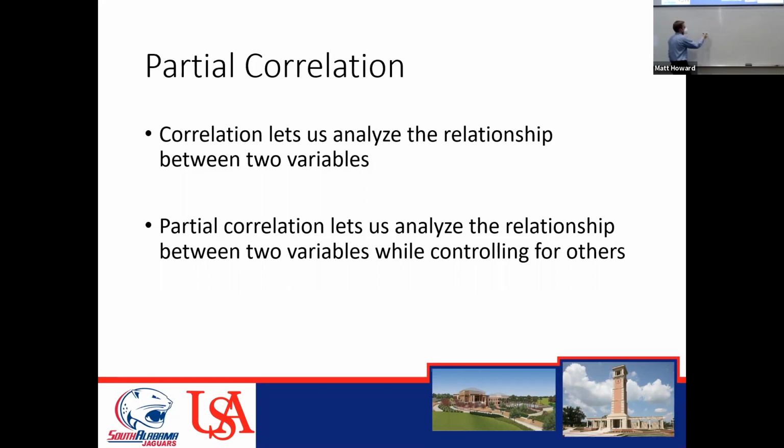The main relationship we're interested in is still just x and y, but we think A, B, and C might have some type of effect, so we need to control for them to truly understand what's going on between x and y.